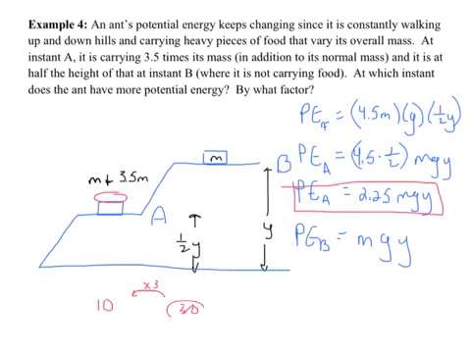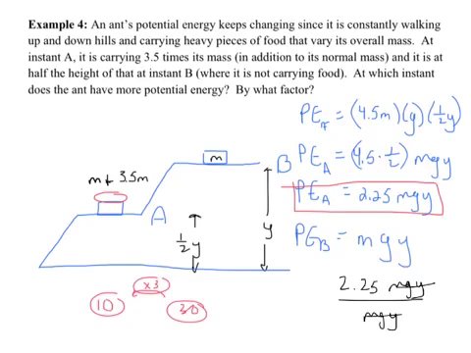So technically we could take 30 and divide it by 10 to see the factor of increase is 3. So take this quantity right here, the larger one, and divide it by the smaller one. Well, it's pretty obvious what happens. You're going to end up getting some cancellation. And clearly mgy is going to cancel up top and in the bottom, leaving a factor of increase of 2.25.